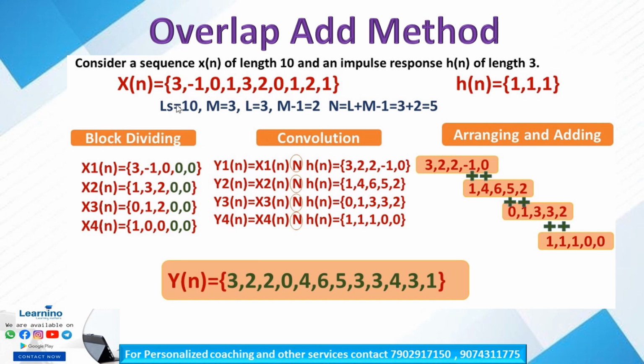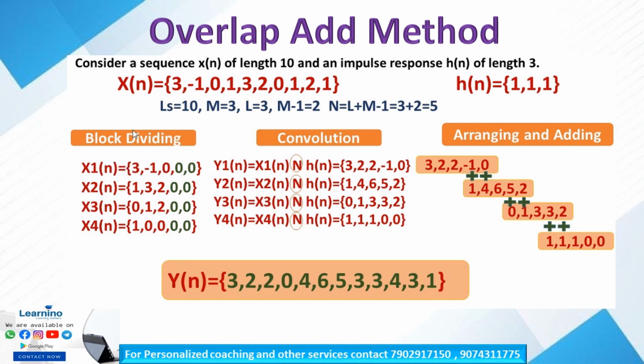So the length of the input sequence is 10, capital M, the length of the impulse response, is 3, the length of new data points L is 3 minus 1 is equal to 2, and the length of each block, capital N, is equal to 3 plus 2, that is L plus M minus 1, which gives 5. So here also we have 3 stages: first block dividing, the second convolution, and the last arranging and adding.